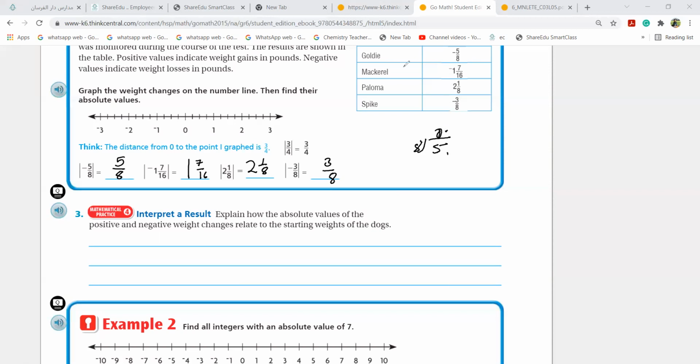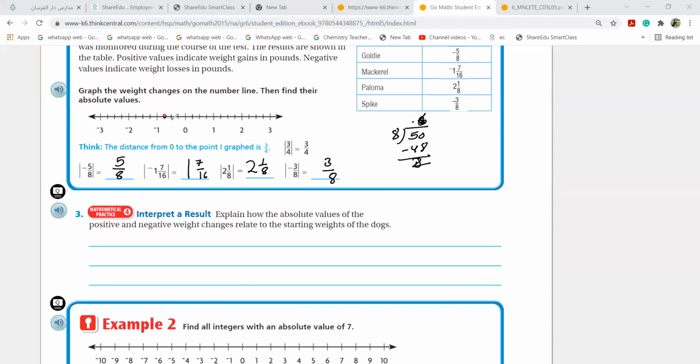One minute. If I want to find 5 over 8, it is almost like 0.6. So 0.6 is somewhere here after 0.5. 0.2, 0.4, 0.6. You have 0.6 here.